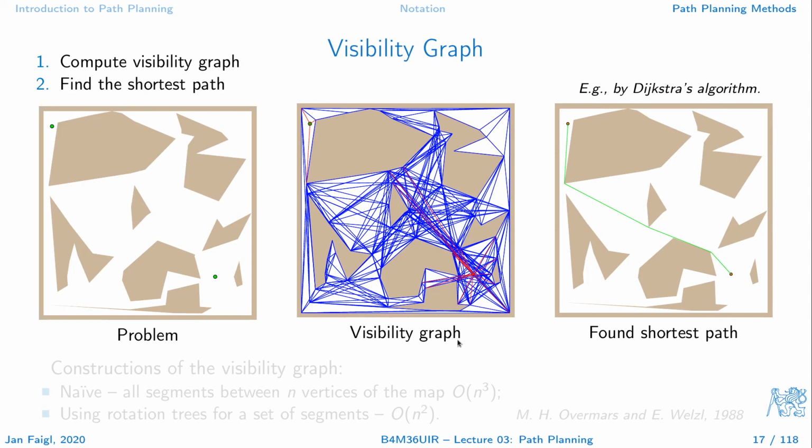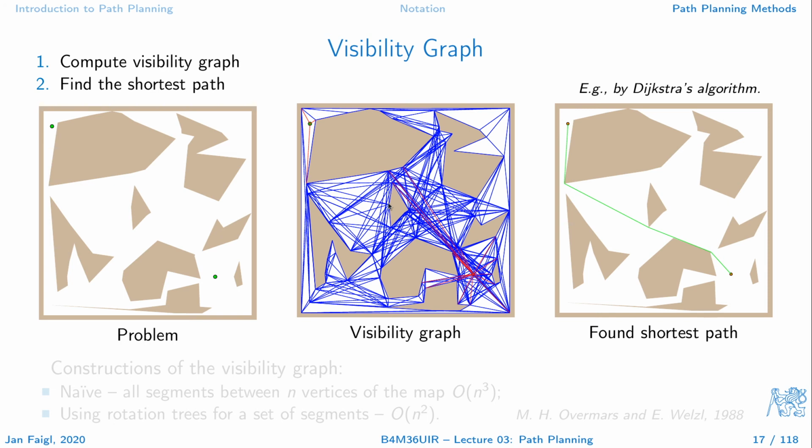Just to remind you what the visibility graph is: we have a problem represented in a polygonal domain, which is a discrete representation, and we can find a visibility graph. This is the connection of all vertices that are collision free, and you can imagine that this problem is for point robots, so we enlarge the obstacles.